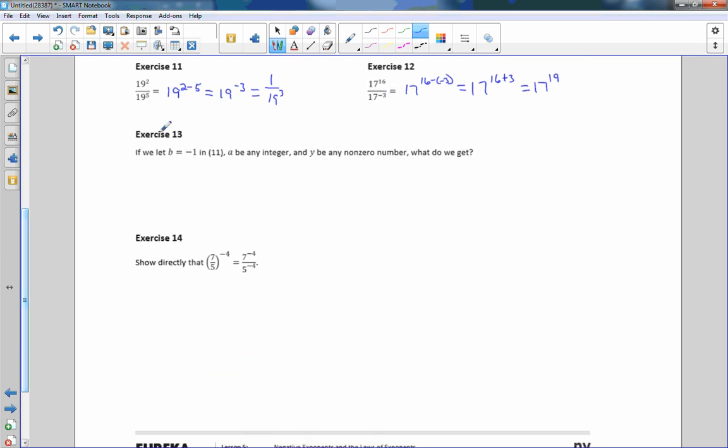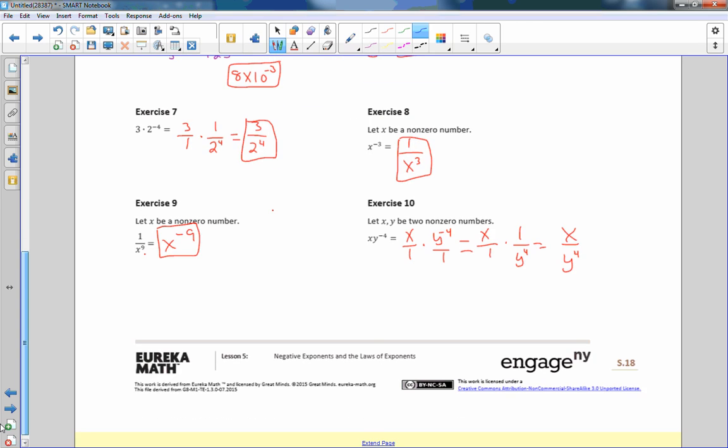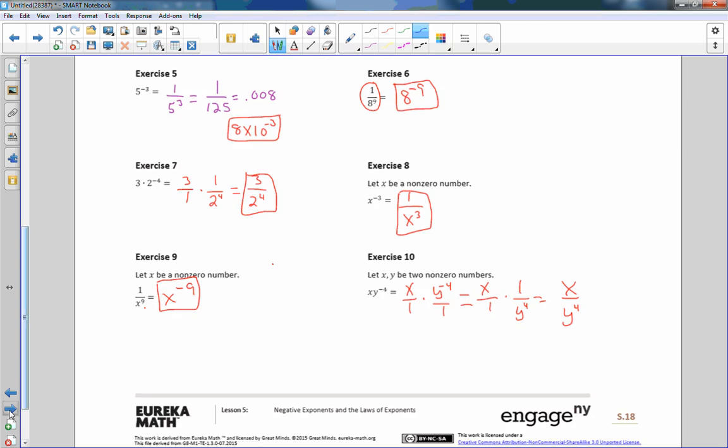Exercise 13. If we let b equal negative 1 in 11. This one is going way up to 11. Okay, it's not in yours.